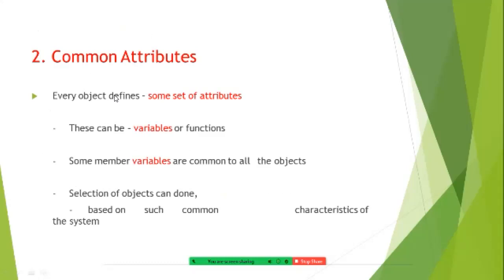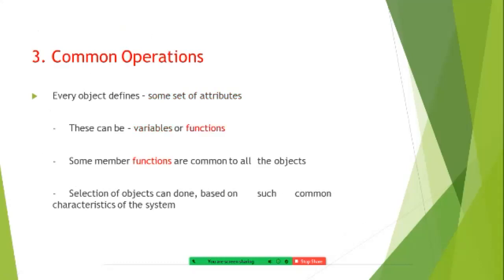Second is common attributes. Every object defines some set of attributes. These can be variables or functions. Some member variables are common to all the objects. Selection of an object can be done based on such common characteristics of the system.